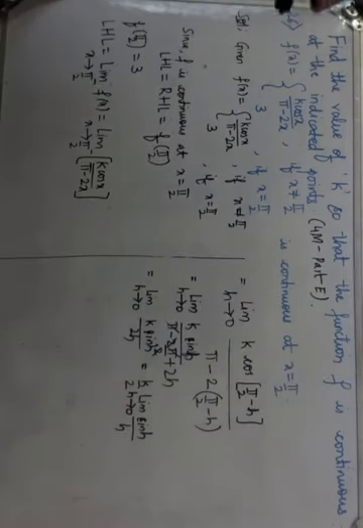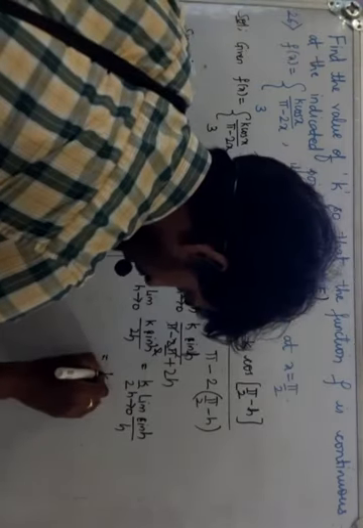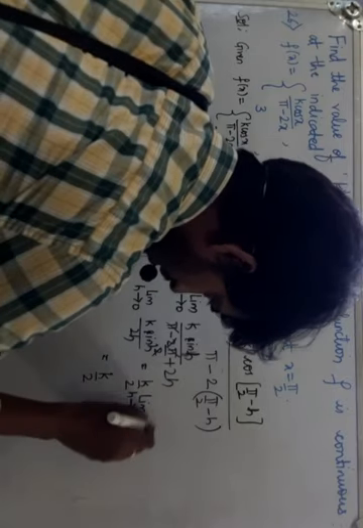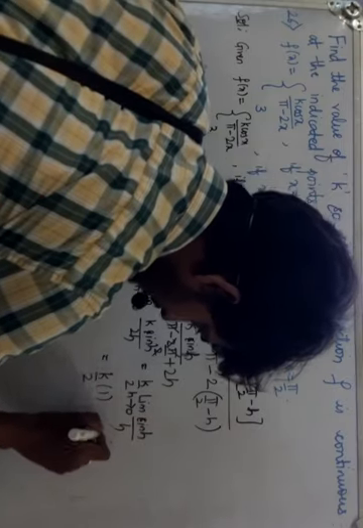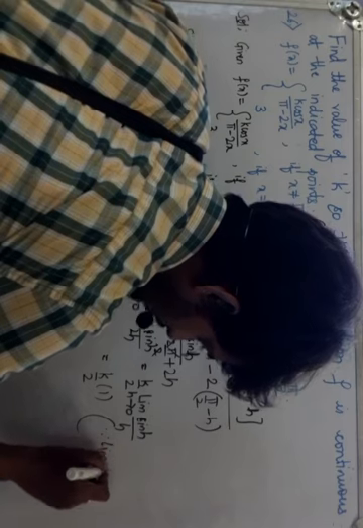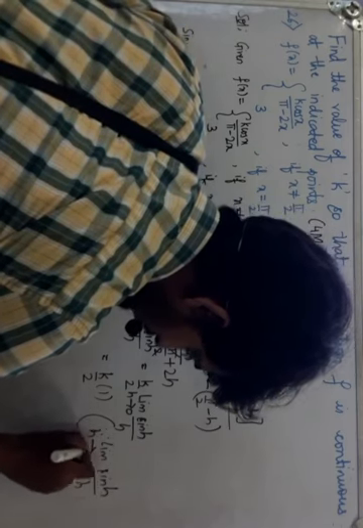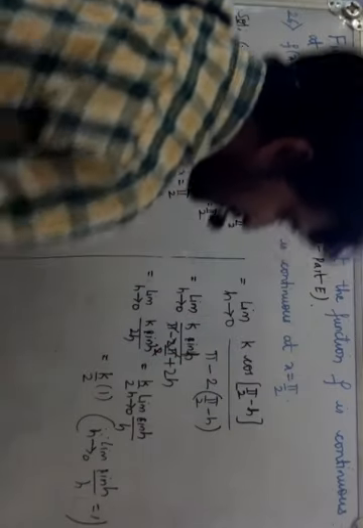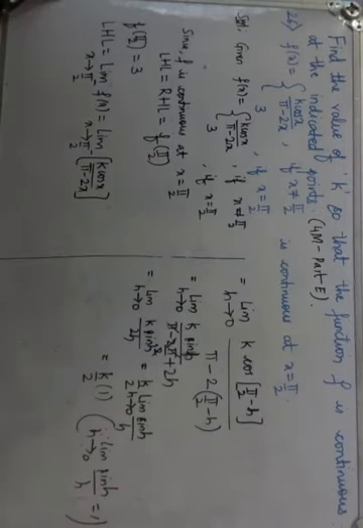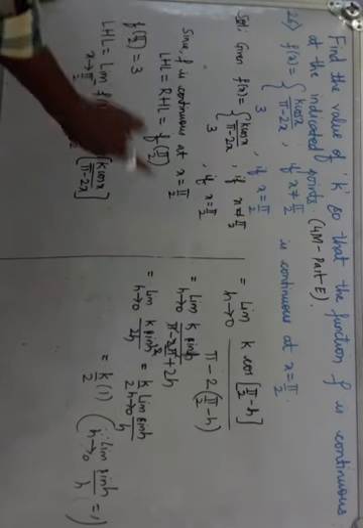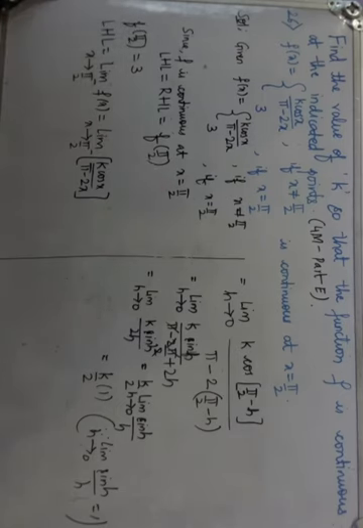As h tends to 0, this will be k divided by 2, since the limit of sin h by h as h tends to 0 is equal to 1. This is a first PUC concept. So we got the LHL, and I have f of pi by 2. Equating these two, I can find the value of k.